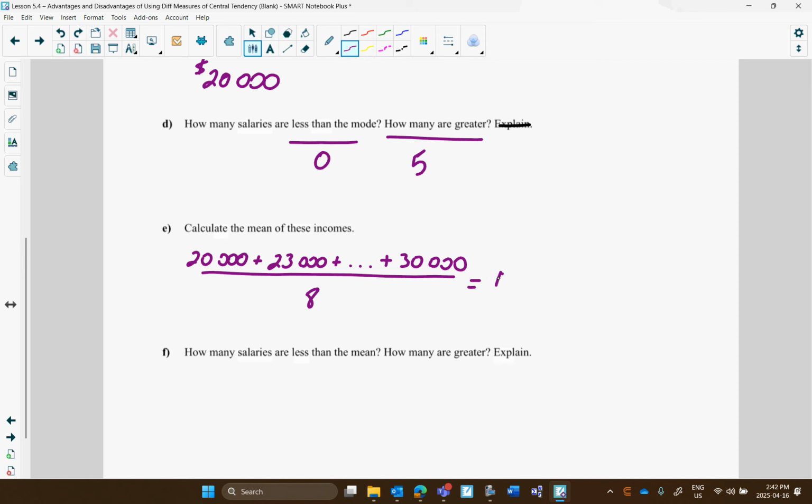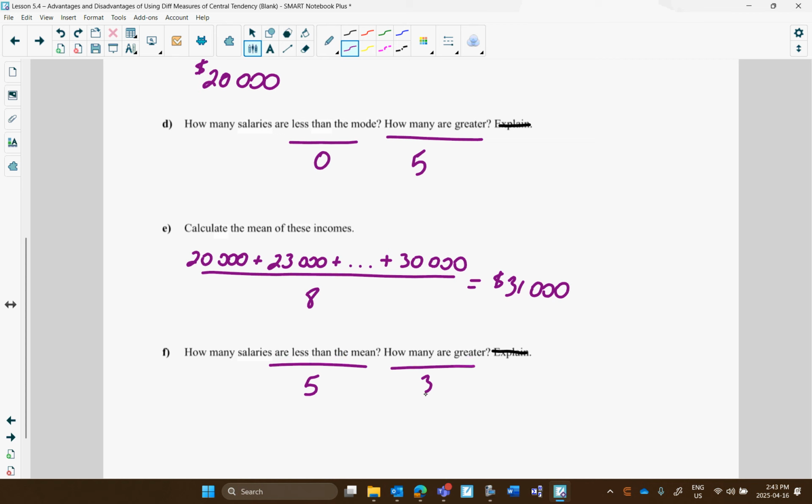I'm just going to give this to you as 31,000. Now you've got to go back to the ordered one again. So how many are below 31,000? 5. Which means 3 are above. Not a bad measure of center, but probably not as good as the median.